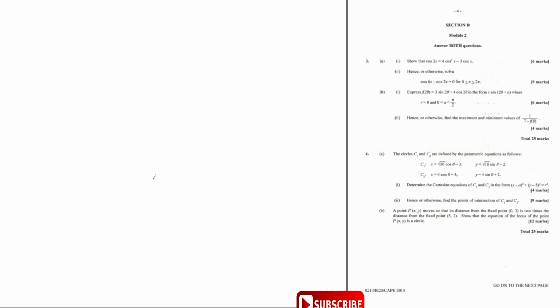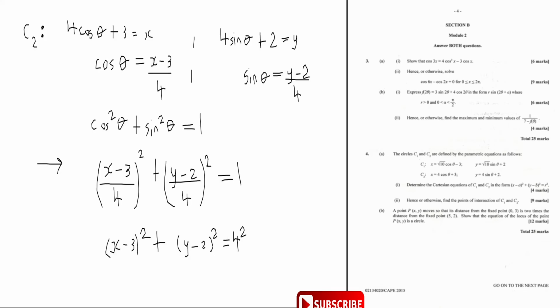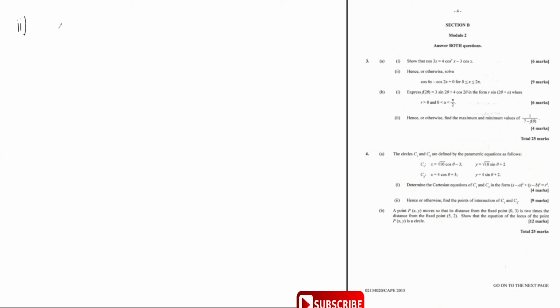Part 2 says, hence, find the point of intersection between the two. So let's go back and write down the two equations. One equation that we have is x minus 3 all square plus y minus 2 all square equal to 4 square, that is really 16.